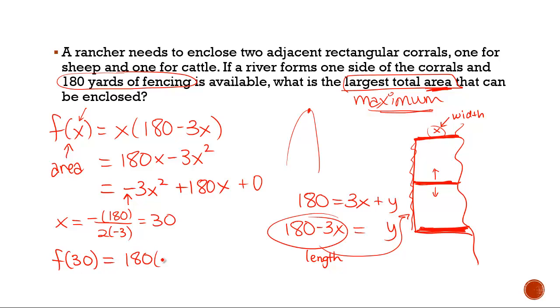So 180 times 30 minus 3 times 30 squared. You can plug it into either of those. And that gives us 2,700. And that'll be square yards of fencing.